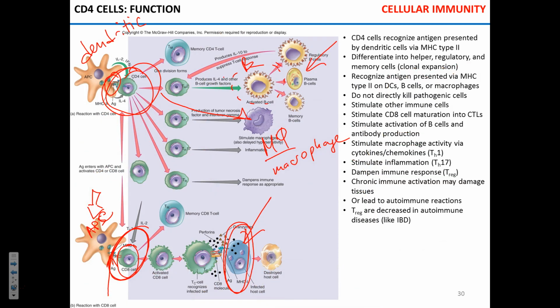You don't have helper cells, what happens to the B cell activation? No helper cells? B cell activation goes down. What happens to macrophage activation?